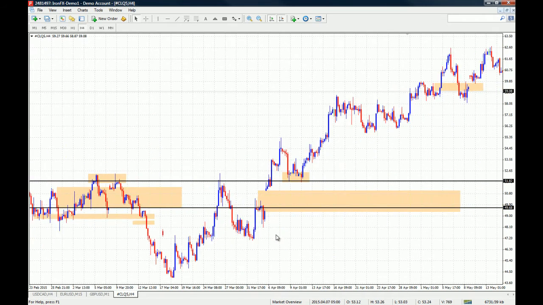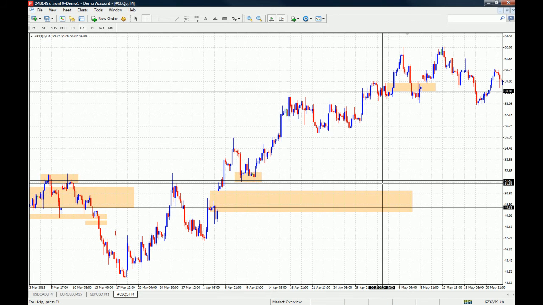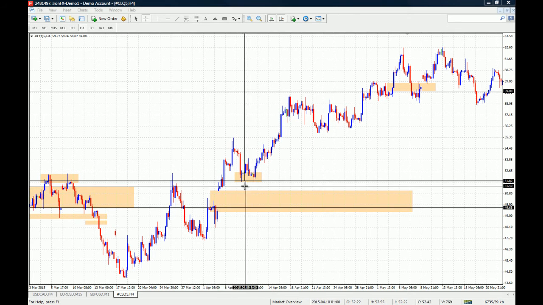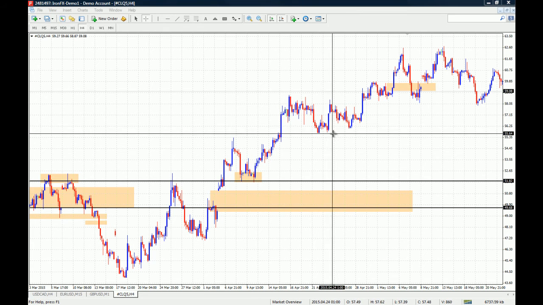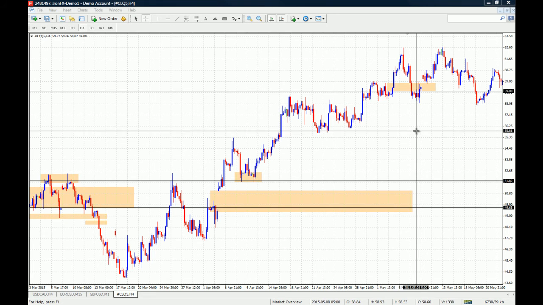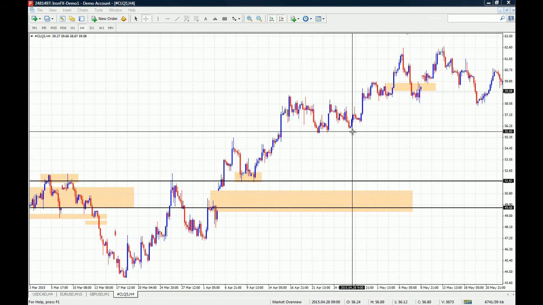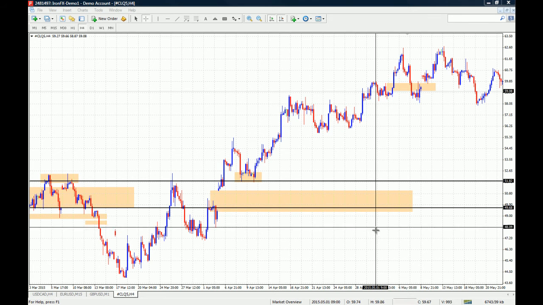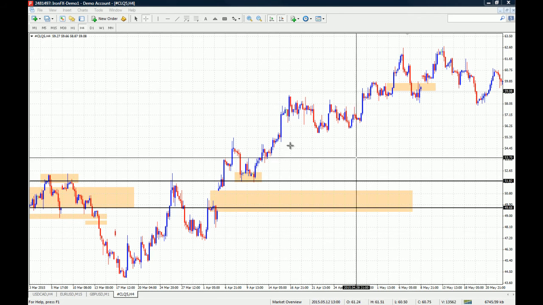For instance, in this example, when you buy the weekly call options right here, if price breaks with these lows, you need to sell those options at a profit before price comes back and erases them out of your paper trade.